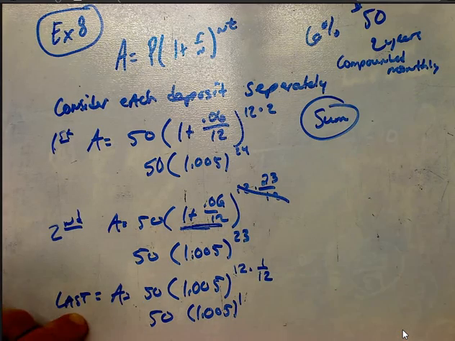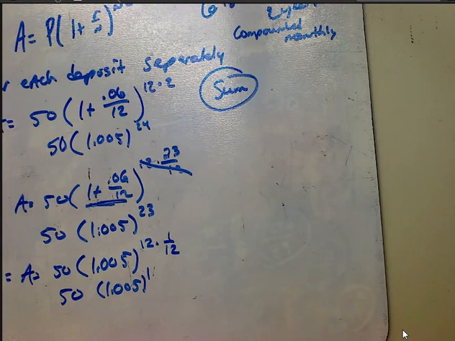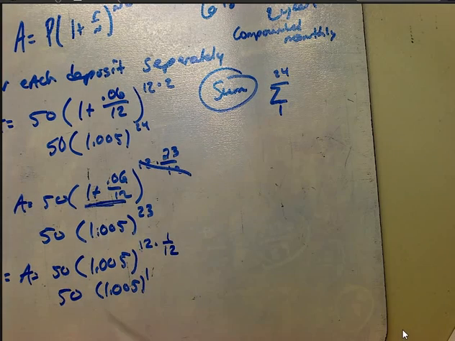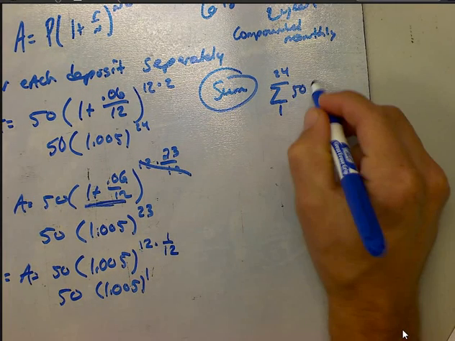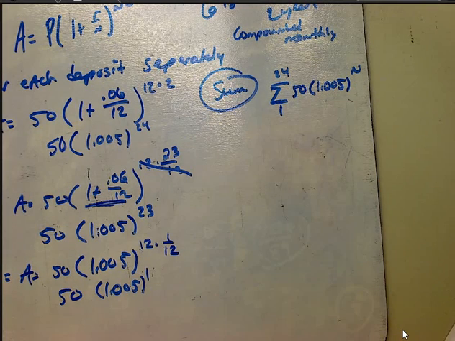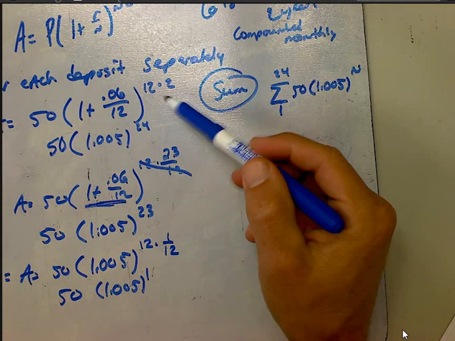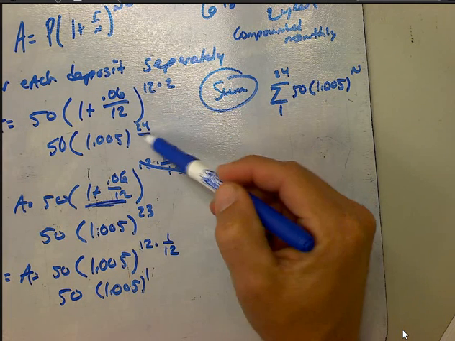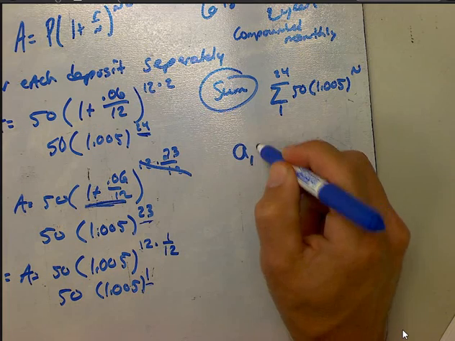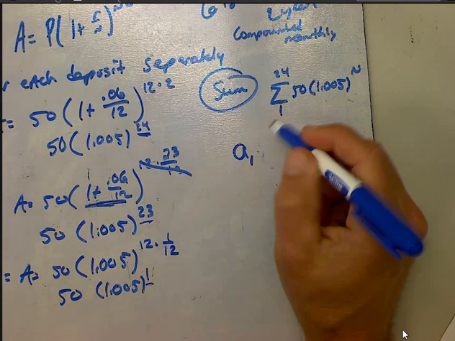So our sum is going to be the sum from n equals 1 to 24 of 50 times 1.005 to the n power, where n just represents the number of months. Because notice, 2 years or 24 months, then 23 months, all the way down to 1 month. Okay? And so that formula is a sub 1 times 1 minus r to the n over 1 minus r.